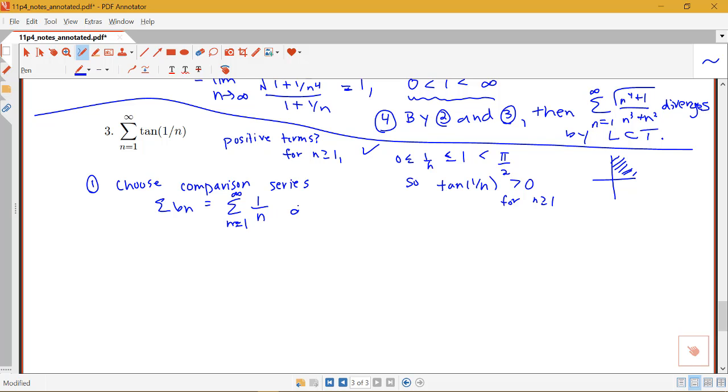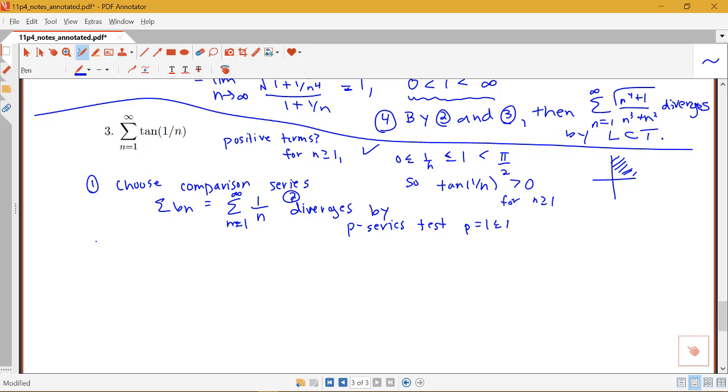And we know that this diverges by the p-series test, since p equals 1 is less than or equal to 1. I kind of combined these steps: we chose it, and we're also saying that that series diverges by the p-series test.